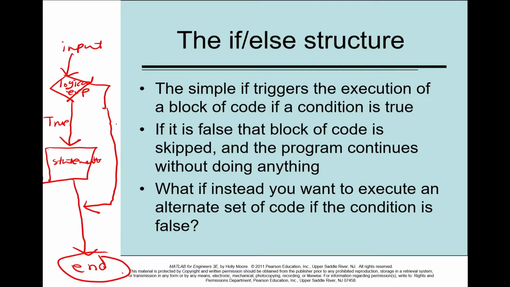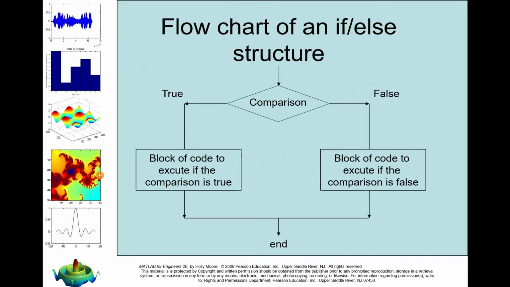So what if instead you want to execute another set of code if the condition is false? Instead of jumping directly to the end of the program, we want to execute another set of code. That is when we use the if-else structure.